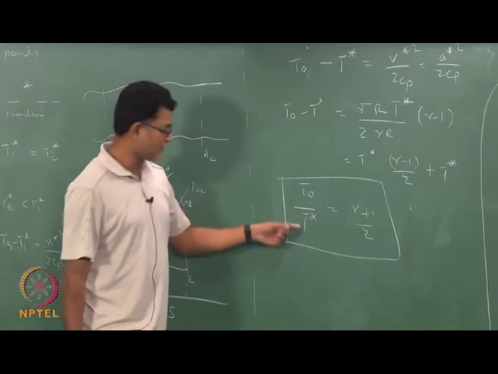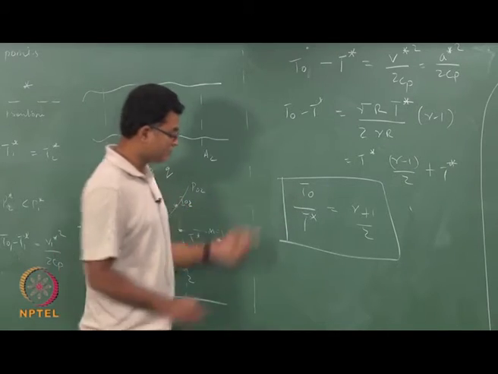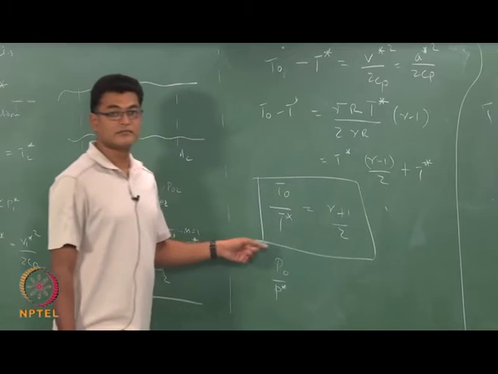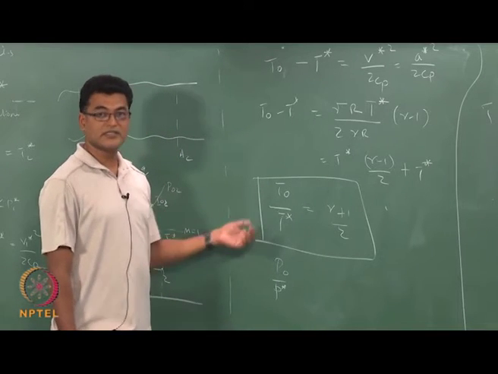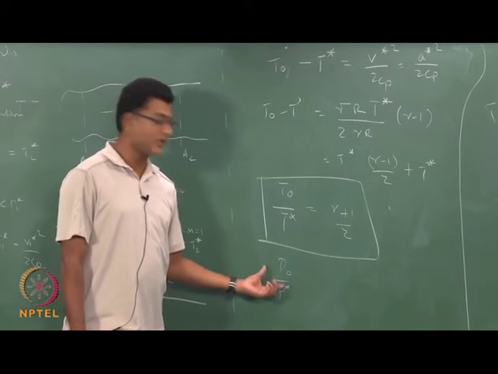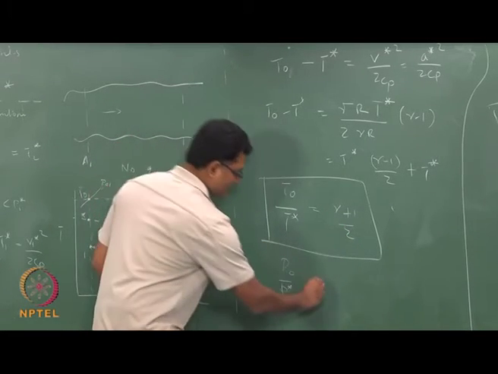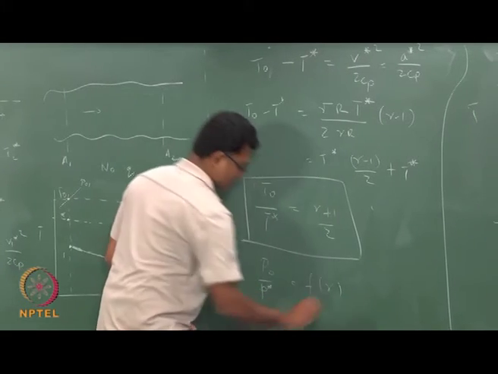Now, this is an isentropic process. So, I can relate this to P0 by P star as well, because from star to stagnation is an isentropic process. I can use the isentropic relation. So, the ratio of this is again a function of gamma alone.